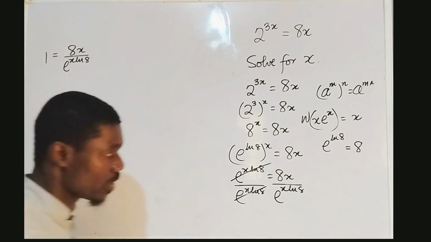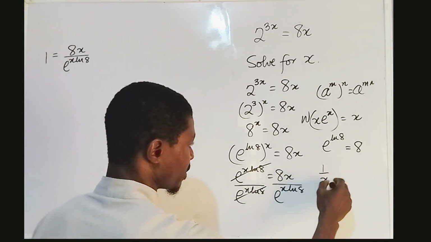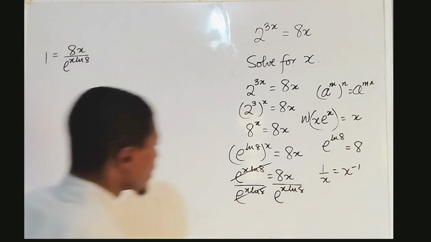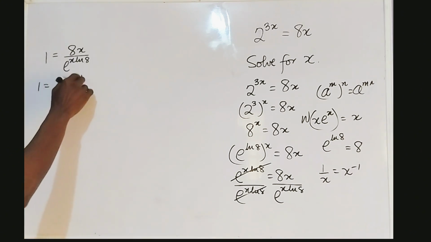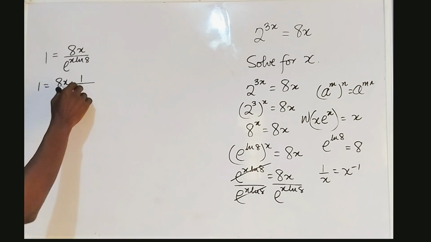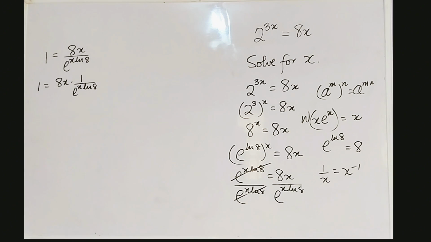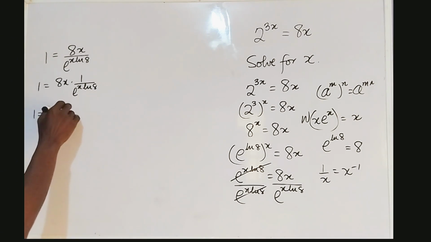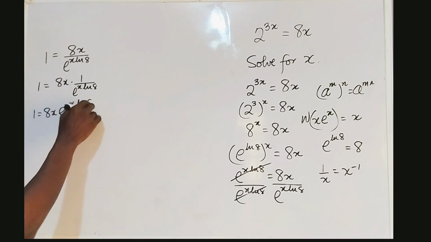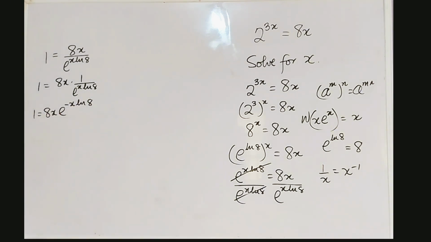And also let us recall that when we have 1 all over x, it is the same thing as x raised to the power of minus 1. So this is the same as 1 equals 8x times 1 all over e raised to the power of x ln 8. So this will give us 1 equals 8x e raised to the power of minus x ln 8. Okay, I guess we are beginning to make sense approaching this term here.